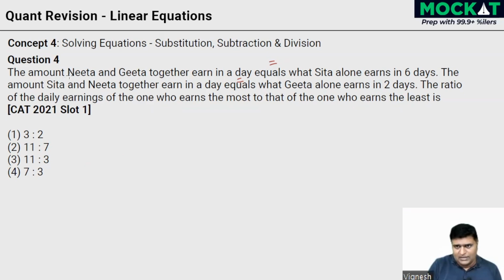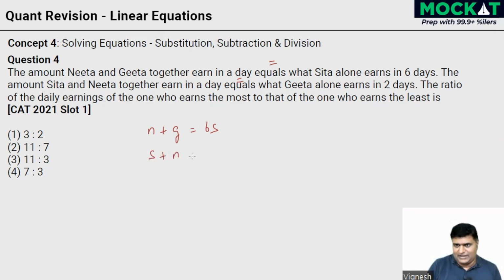Let's look at it. The amount Neeta and Geeta earn in a day, let's call that N and G. So N plus G equals 6 days of whatever Sita earns, right? 6S. So N, G, S are the amounts that Neeta, Geeta, and Sita earn in one day, right? The next equation, the amount Sita and Neeta together earn in a day.